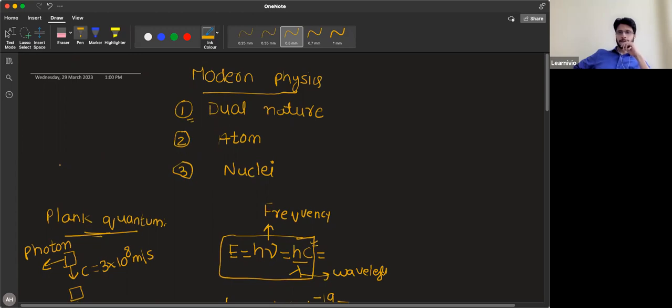So if you combine the class 11th and 12th syllabus, these three chapters are most important for you. If your thermodynamics, KTG, and modern physics are very strong, that means out of 25 questions of physics, you should be able to solve at least 6.